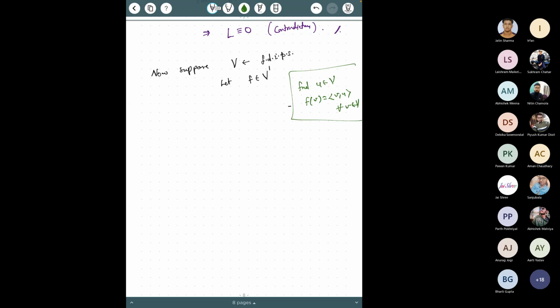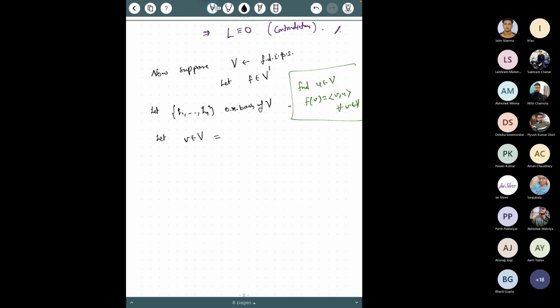And what we are given is a finite dimensional inner product space and a linear functional on V. All right. So since we are in a finite dimensional inner product space, we can find a basis for this first. So let us fix an orthonormal basis, let q1 to qn be an orthonormal basis of V. Now if I take any vector v in V, then I know how to write this vector v in terms of these basis vectors.